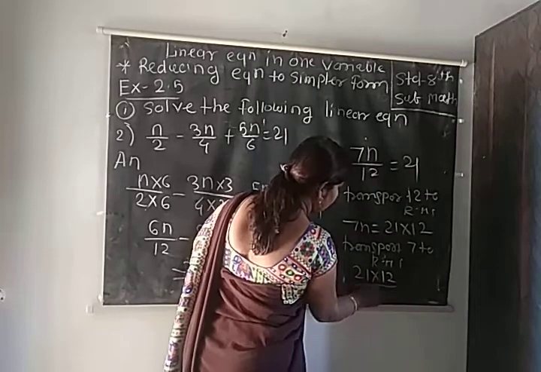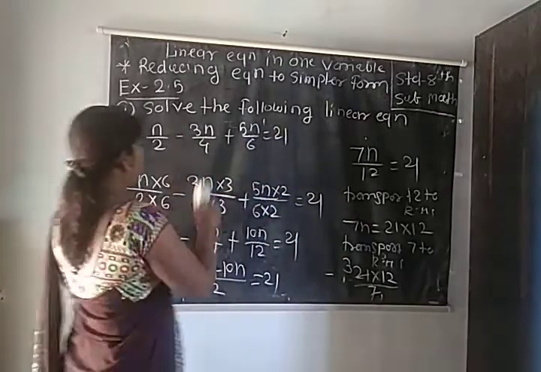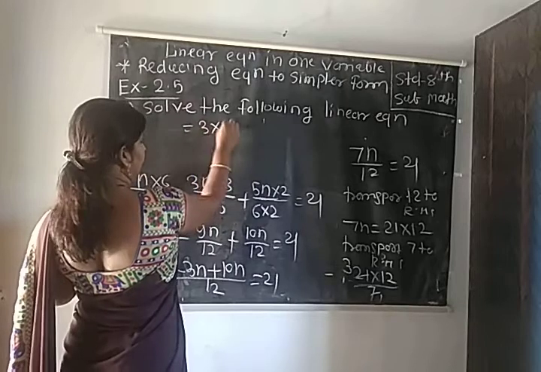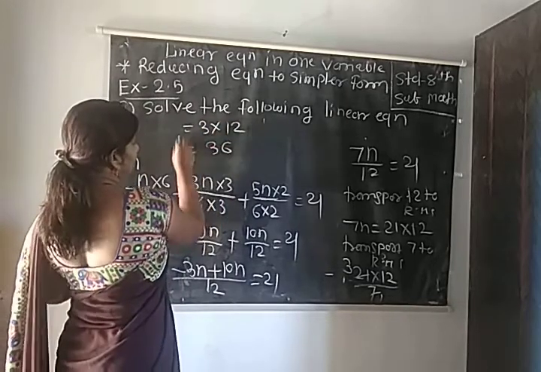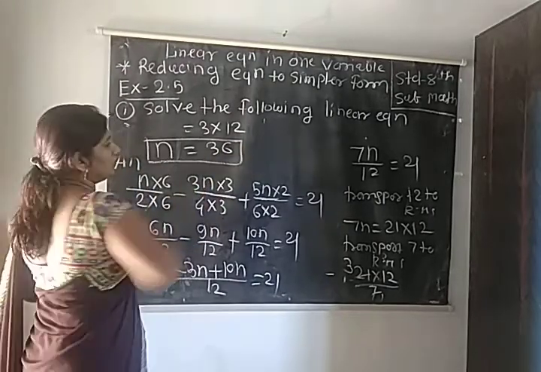So 12 upon 7, 7 1 the 7, 7 3 the 21, and what is the remaining? 3 multiply 12, so 12 3 the 36, and this is the value of n. n is equal to 36.